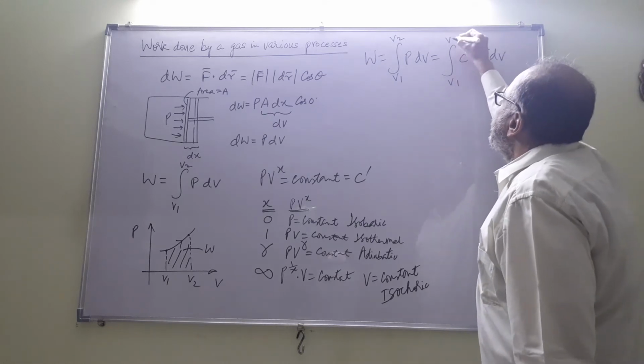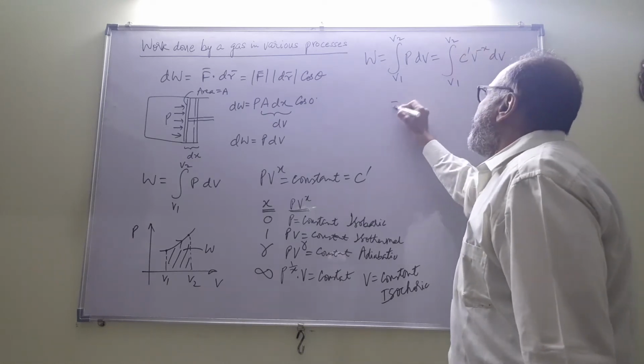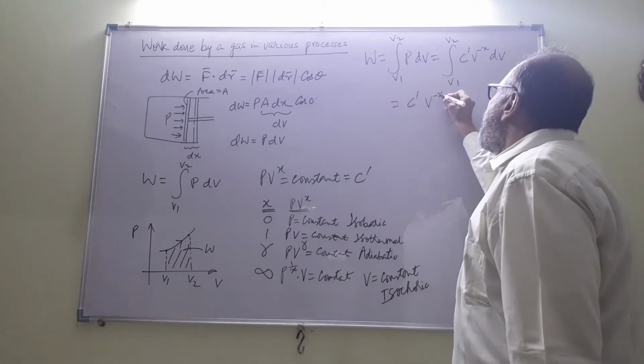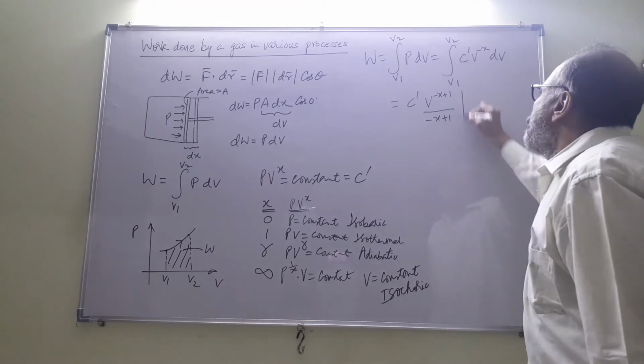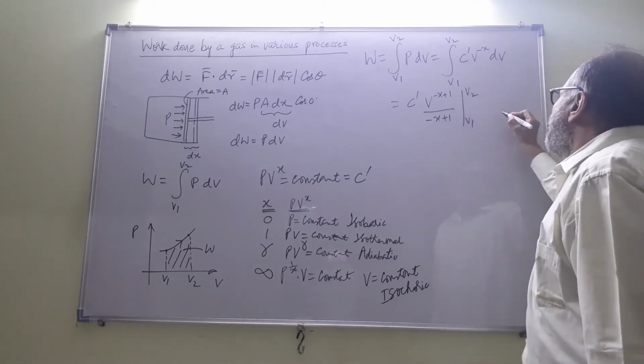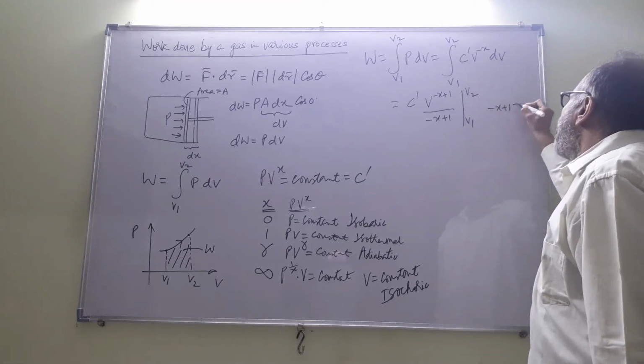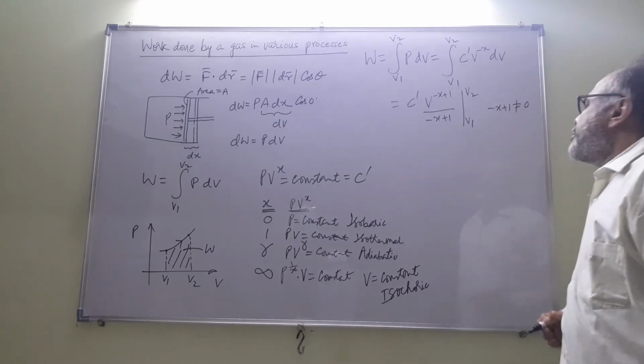If you integrate this, you are going to get C dash V power minus x plus 1 by minus x plus 1, from V1 to V2, where minus x plus 1, since it is the denominator, should not be equal to 0.